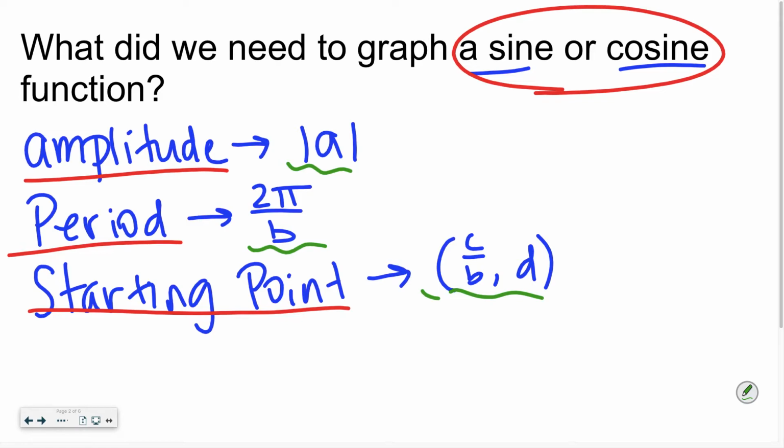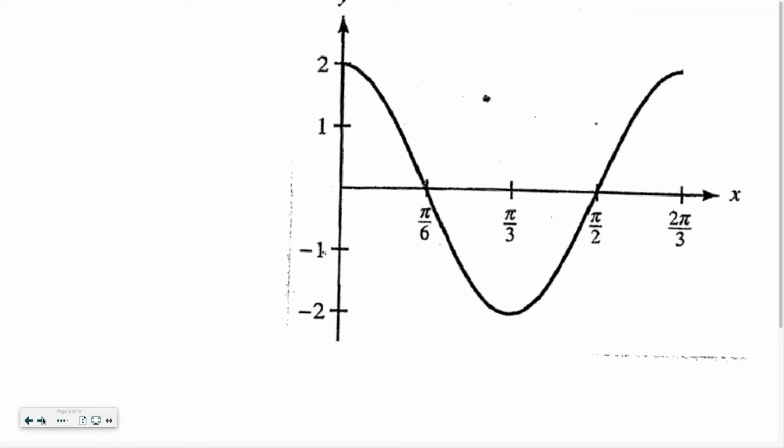So please take a couple minutes and draw this graph into your notes. If you didn't want to label everything, at least get the -2 and +2. The x and y axis are important. And at the very least, this 2 pi over 3 is an important number. So I'll give you some time.